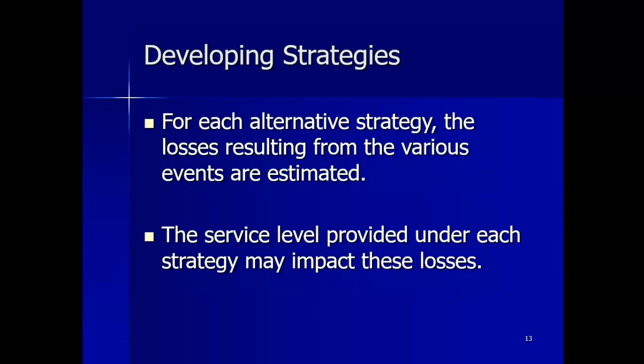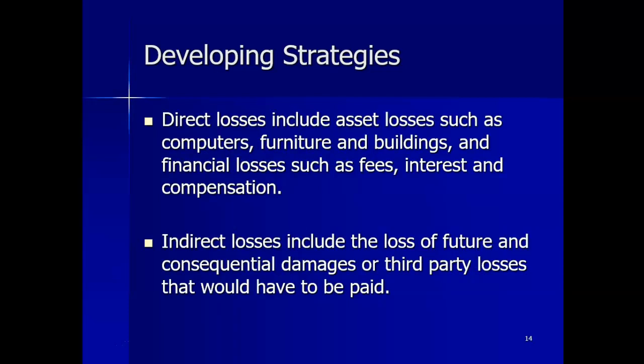The service level provided under each strategy may impact these losses. And direct losses include asset losses such as furniture, computers, and buildings, along with financial losses such as fees, interest, and compensation. Indirect losses include the loss of future revenue and consequential damages.